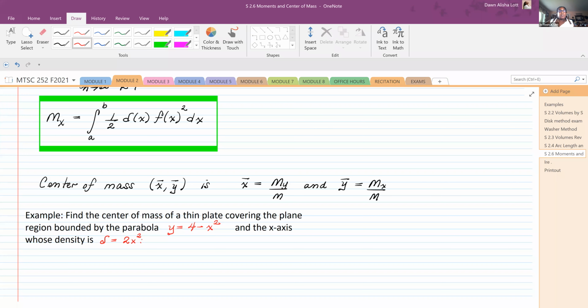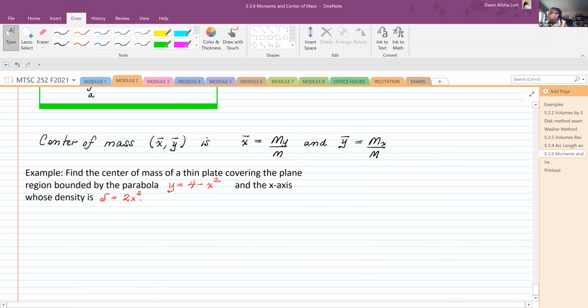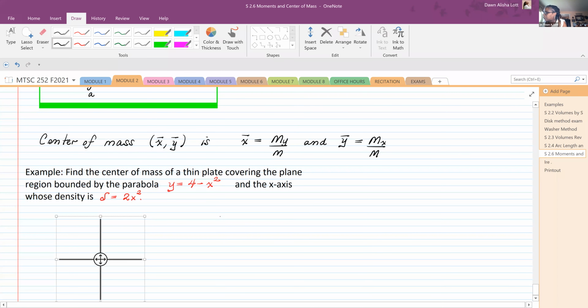It is an upside down parabola, and it looks like this. So this is the region, and we need to find its center of mass.